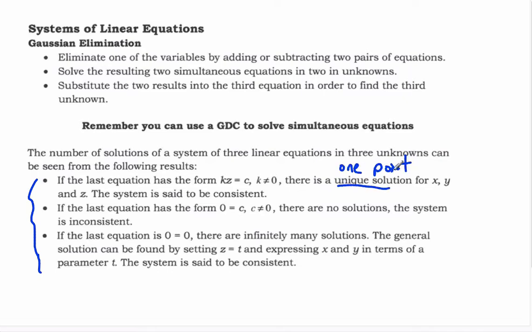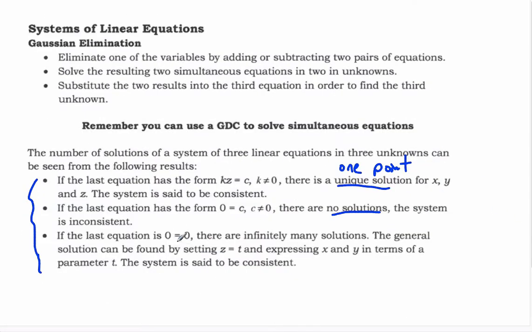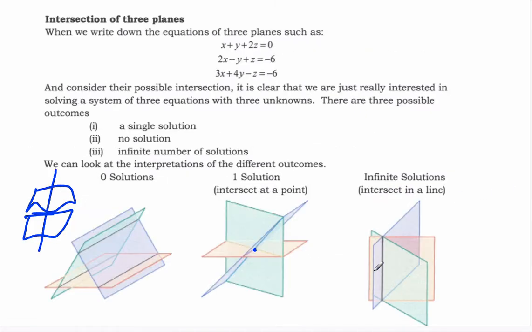That's when you intersect at 1 point. You get an equation like this at the end for z. And if the last equation is something like 0 equals c, like 0 equals 6 or something, that's impossible, so there's no solution. That would be like what happens in this picture. And if you get something like 0 equals 0 at the end, that means it's always true and you have an infinite number of solutions.